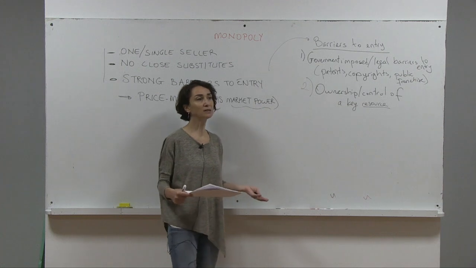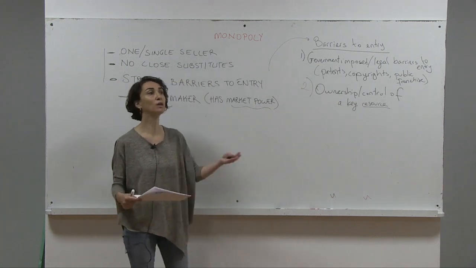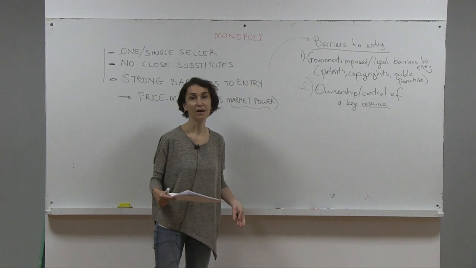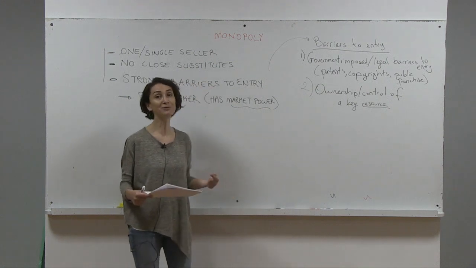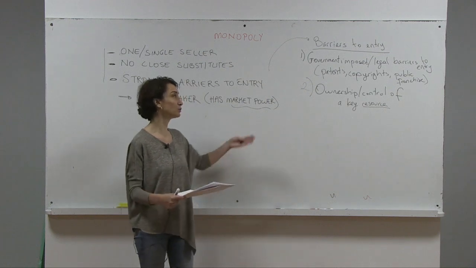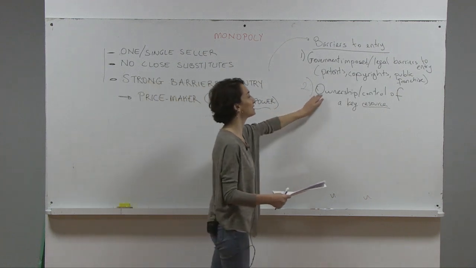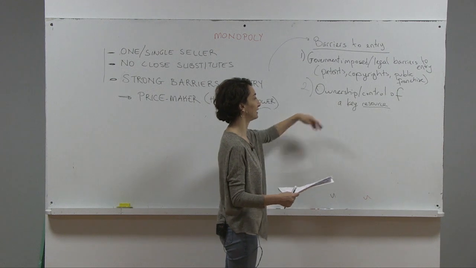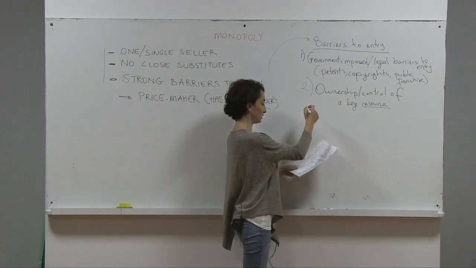There are no legal barriers that say you cannot sell diamonds. But you have to have access to the land that has diamonds, which you don't. So this results in a monopolistic situation.